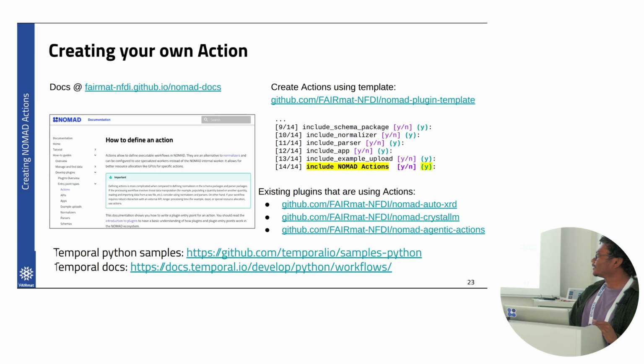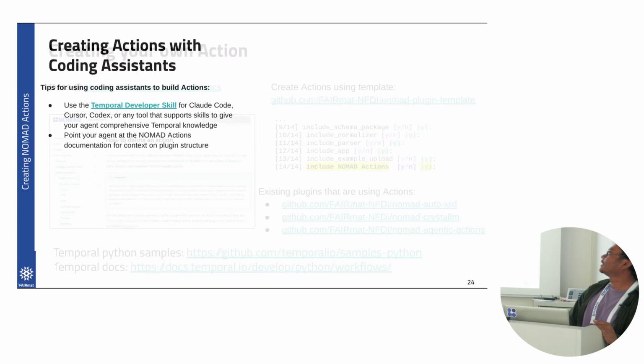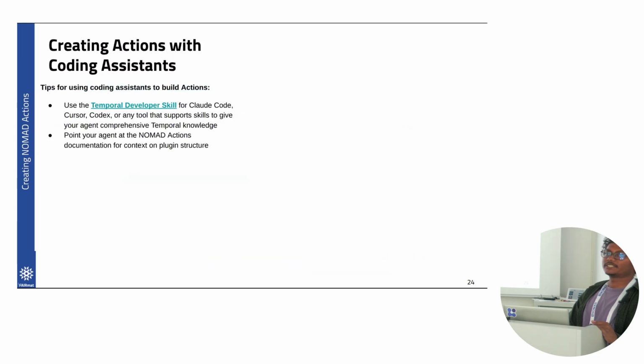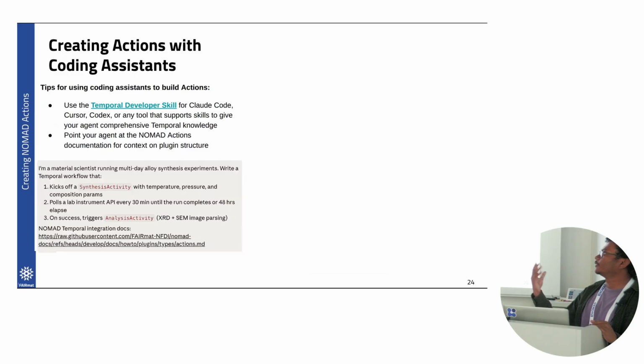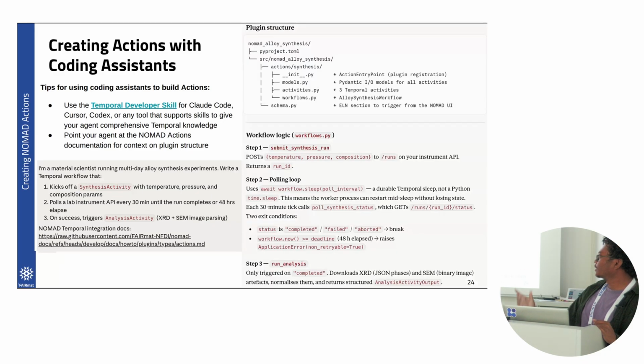They have their own docs, and if you want help with an agent, there's a Temporal developer skill so that your agent also knows the best practices when it comes to writing these workflows. And you can point your agent at the NOMAD Actions documentation so that it knows how to integrate with the plugin structure. So this is something I use with Claude, and it's able to create a NOMAD action essentially following the Temporal best practices.